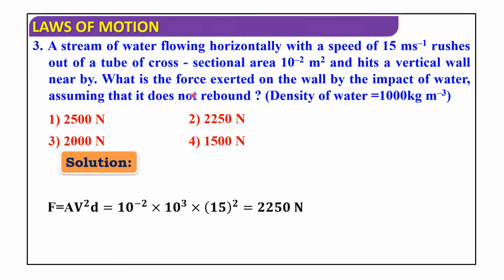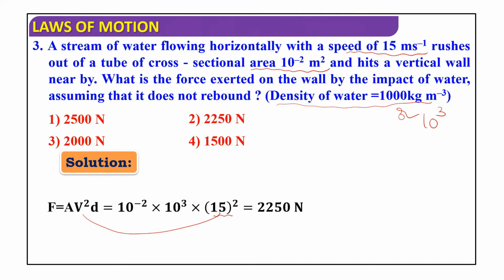Here we have to calculate the force exerted on the wall by the impact of water. F is equal to A into V square into D. Substituting values: A is the area, 10 to the power of minus 2 meter square, V square is the speed 15 whole square, and D is the density of water, which can be written as 10 cube.